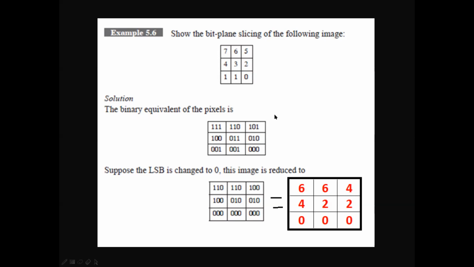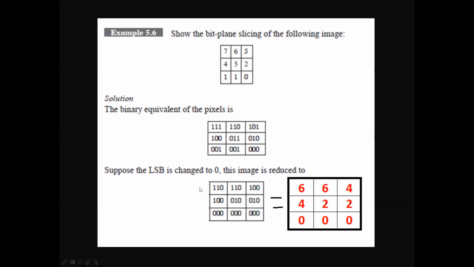All least significant bits we will make 0. In 111, we will make the least significant bit 0, so it will be 110. In 110, we keep 110 only, because the least significant bit is already 0, so no need to change anything. And in 101, the least significant bit is 1, so we will change it to 100.